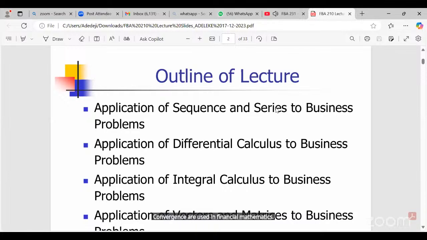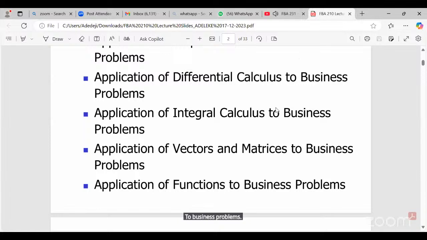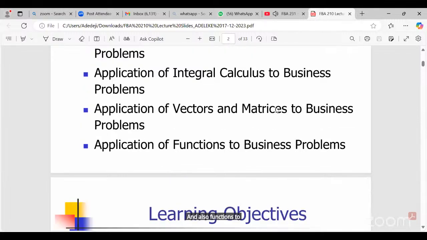After that, we look at the application of differential calculus to business problems. We'll also look at the application of integral calculus to business problems, and the application of vectors and matrices, and also functions, to business problems.